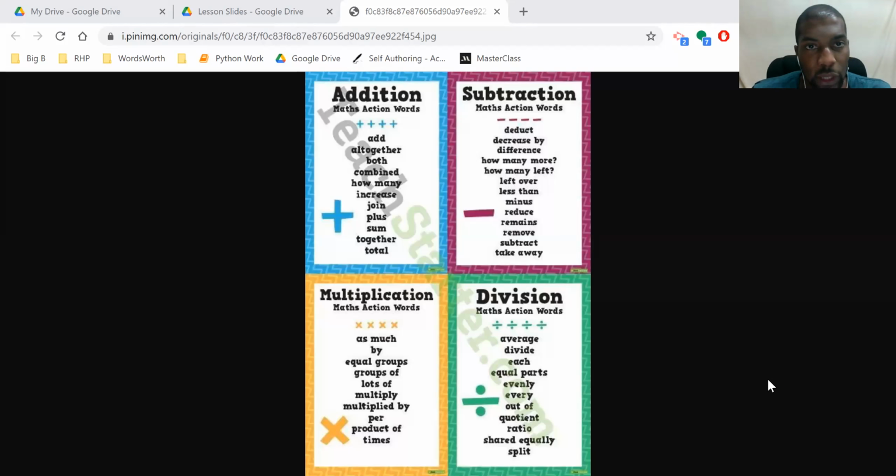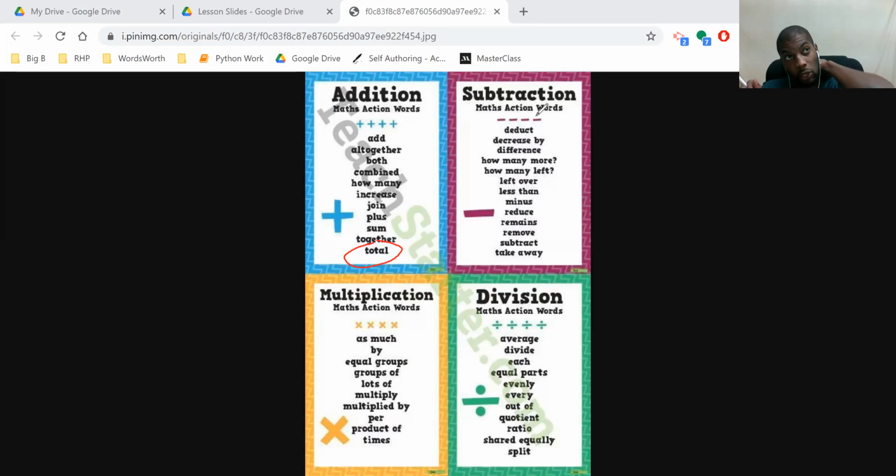So for example, if we look at the addition, the total, that's a common word for addition. Total references adding, right? So if you go to Target and you buy juice, a pair of jeans, and some water, they might find the total for you at the cashier or at the checkout stand.